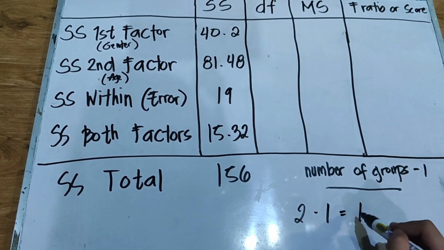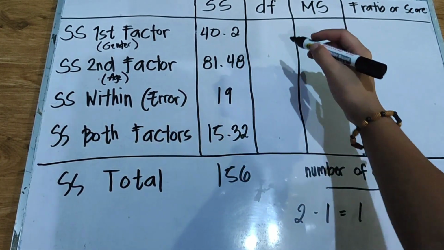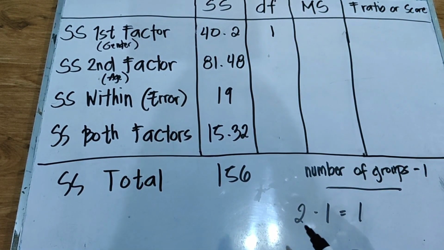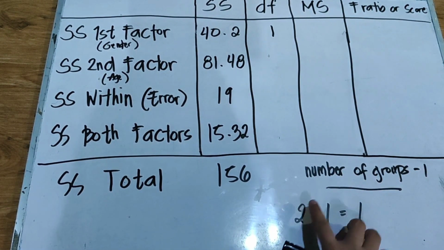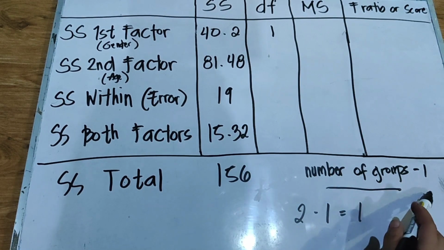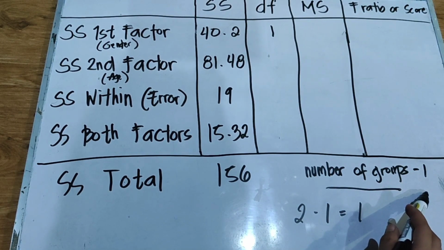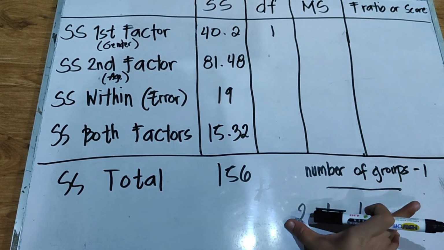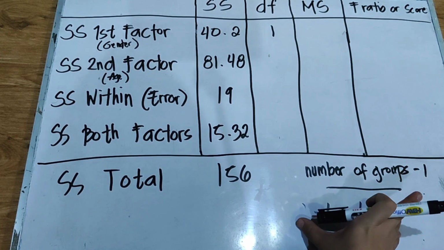So, that is the DF of the first factor, gender, which is 1. And for the second factor, the formula is the same, number of groups minus 1. But age has 3 groups, the 10 years, 11 years, and 12 years. So, we put 3 here.